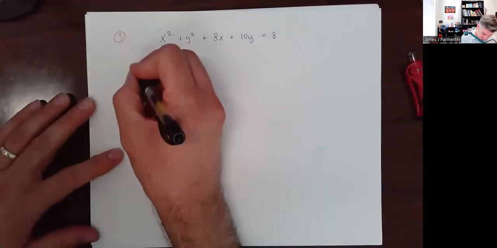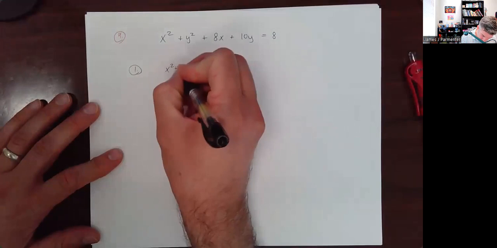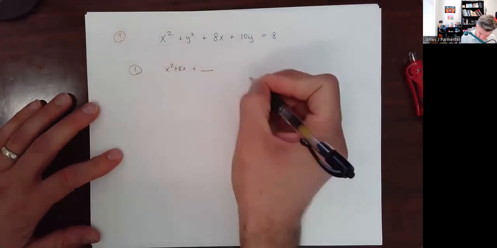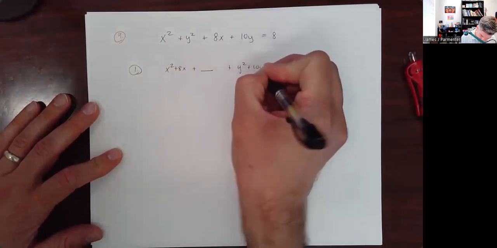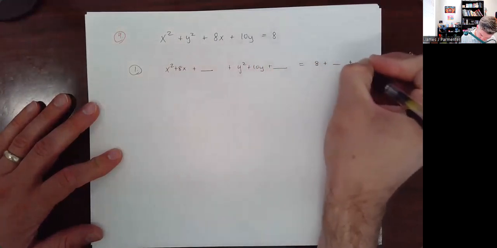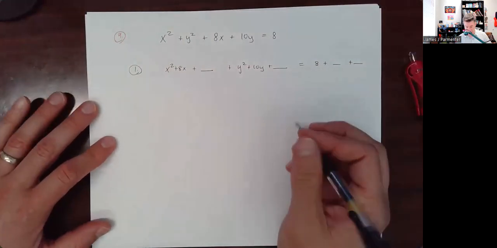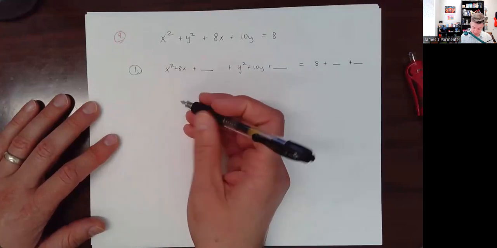So step 1, group the x's together, x squared plus 8x, and leave yourself a little blank. And then same deal, y squared plus 10y, leave yourself a little blank. And you're going to get 28 plus blank plus blank. And now we're going to fill in the blanks. So 8 divided by 2 is 4. 4 squared is 16.